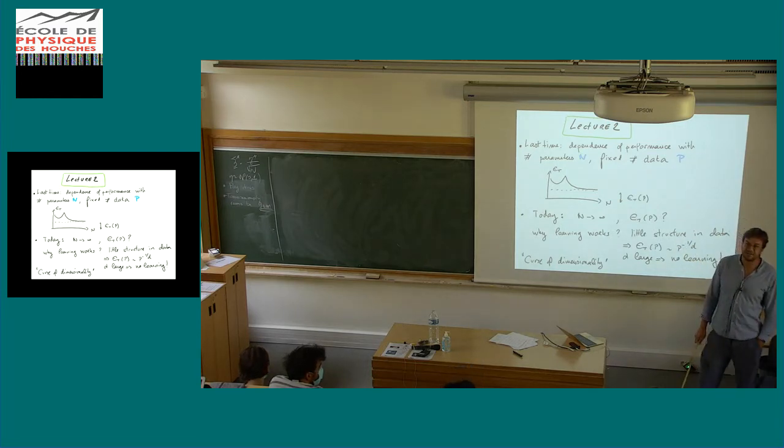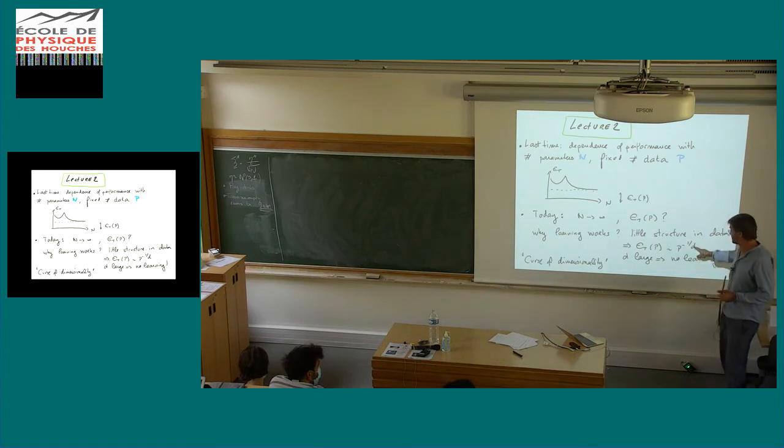If d is large, like a few thousands, this is just a constant, so it means you're not learning, right? So one puzzle is, how do you manage to learn at all? And it's related to this question of how many data you need to learn a task.